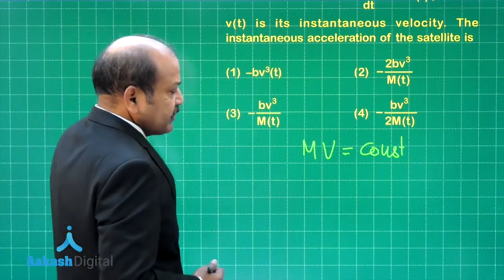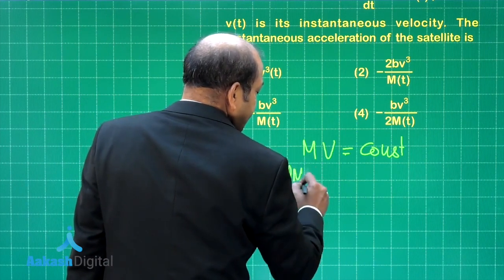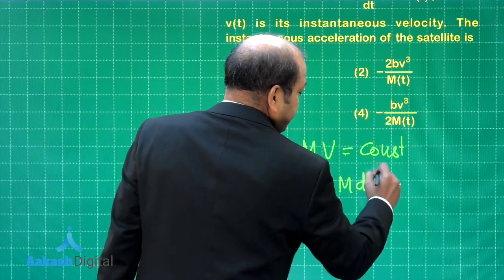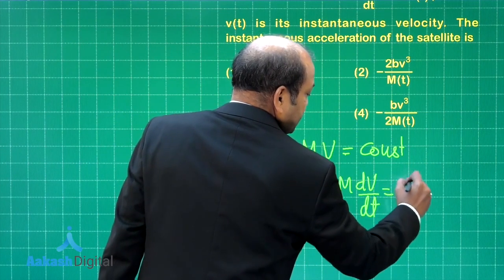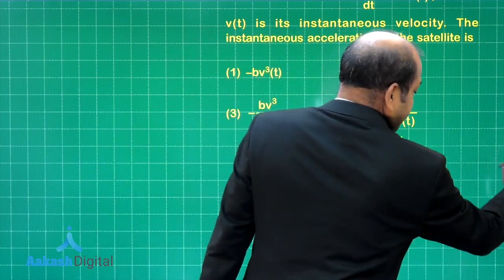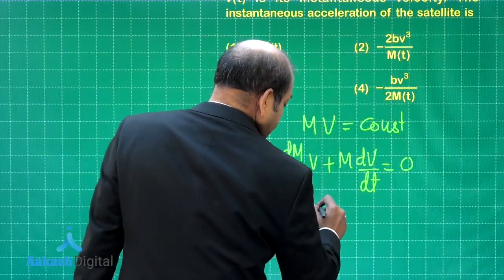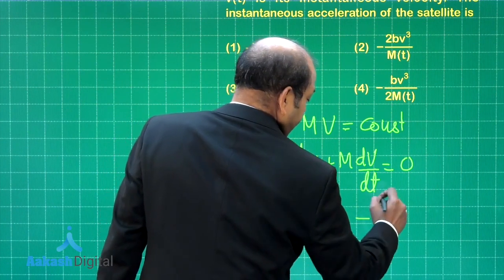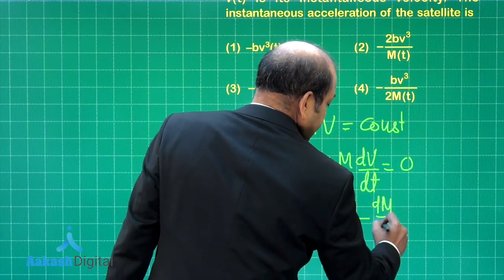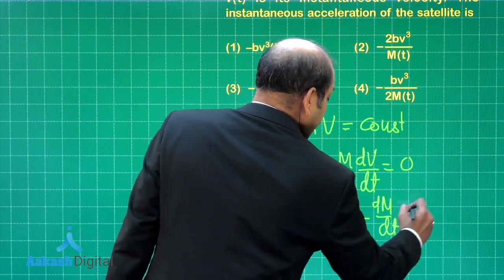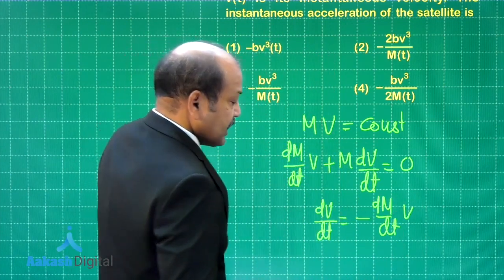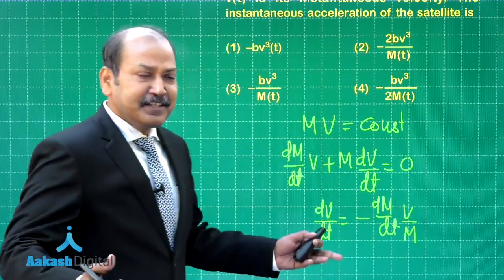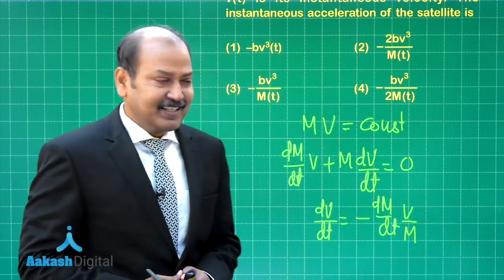If I take the derivative of this, we get dm by dt into v plus m into dv by dt as 0, and that gives us the expression for the acceleration dv by dt as minus of dm by dt into v, and of course the m will also come in the denominator. So, let us put m here. This is the expression for the acceleration.